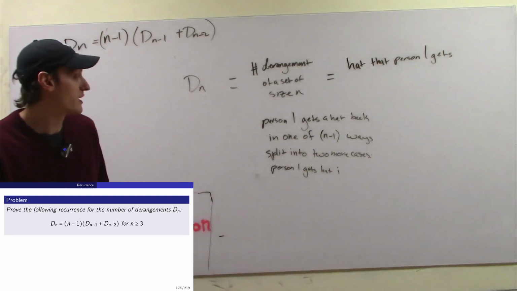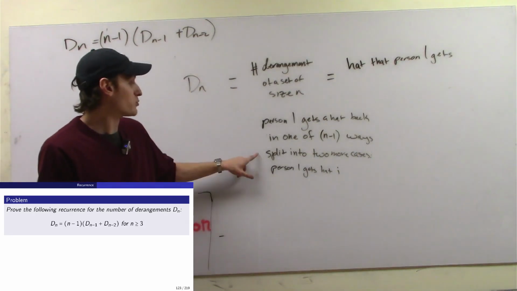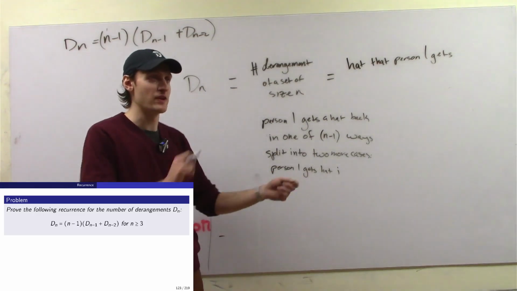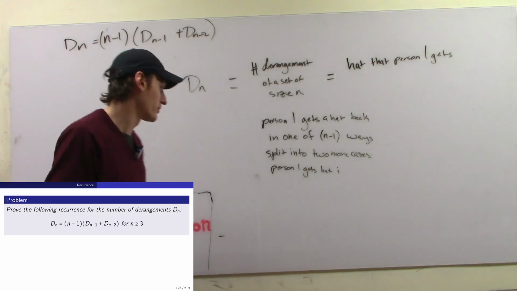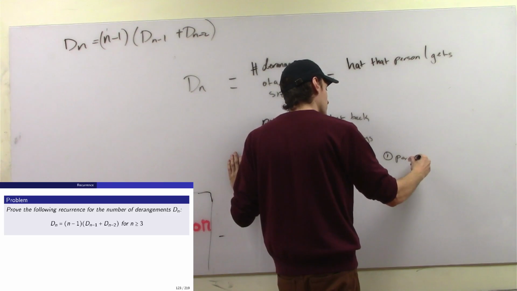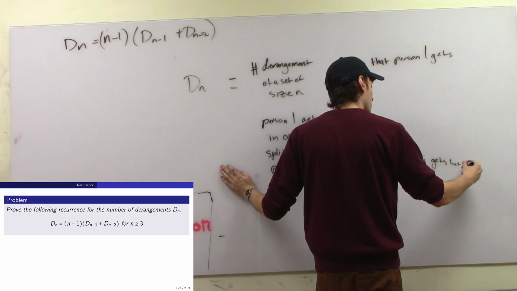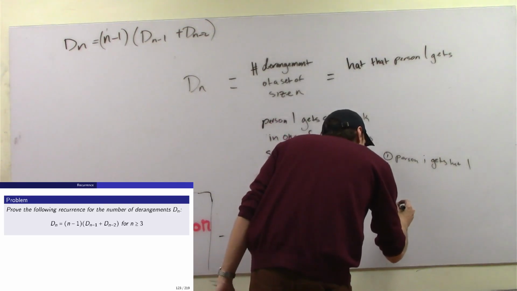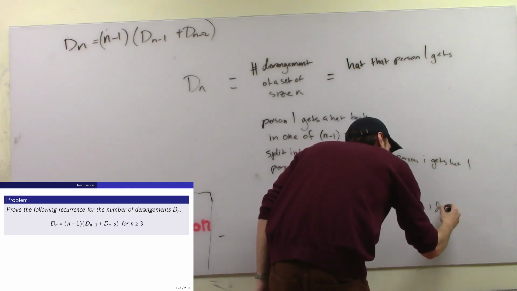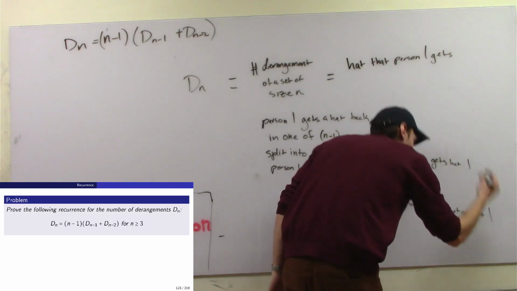The question is, whose hat does person i get? So one case will be person 1 gets hat i, and person i gets hat 1. So they just have their hats swapped back and forth. And the second option will be person i does not get hat 1.